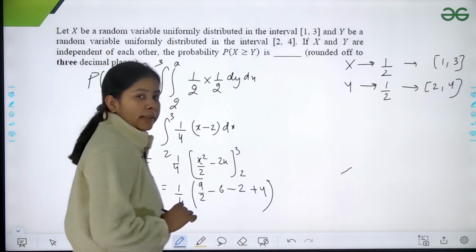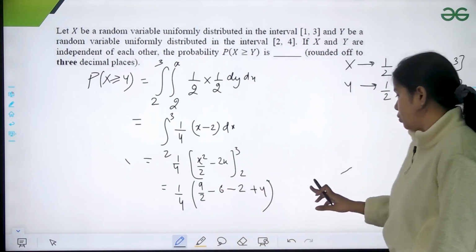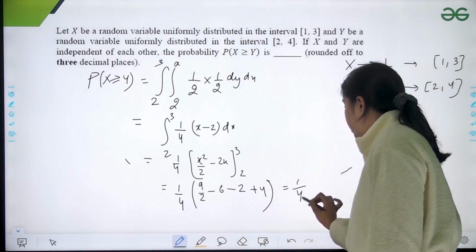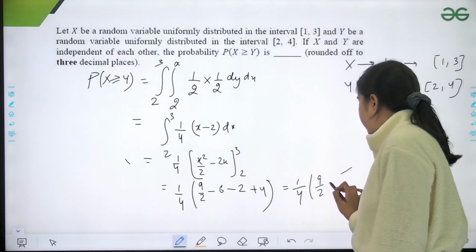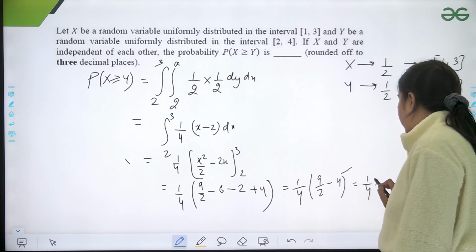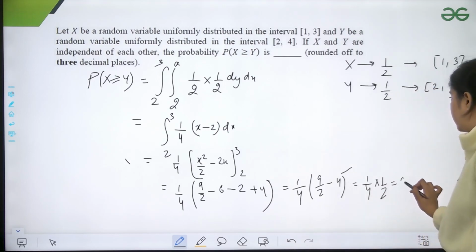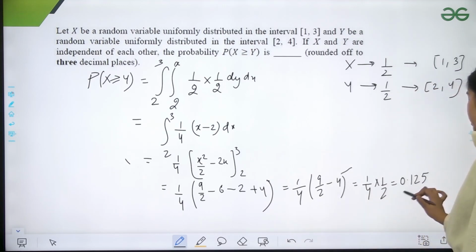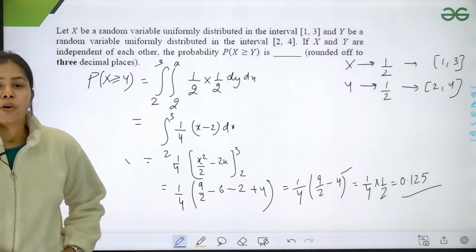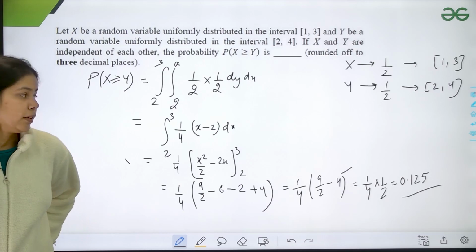On solving, minus 6 plus 4, we get 1/4 times 9/2 minus 4. That gives me 1/4 times 1/2, that is 1/8. So on solving, I get 0.125 as my probability. Right, 0.125 is my probability here.